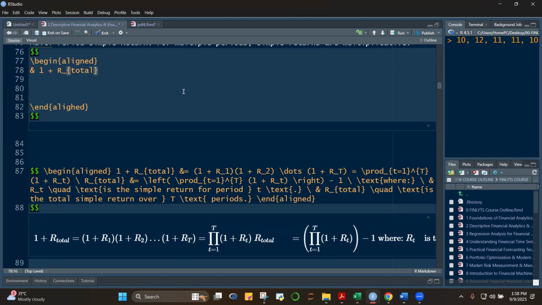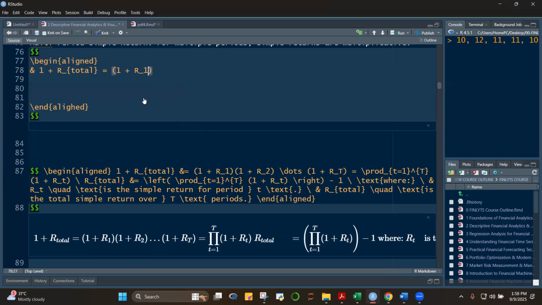All right, then is equal to what? So this one, class: 1 plus r sub 1 times 1 plus r sub 2 times 1 plus r sub 3 until 1 plus r sub t. So how do we do this? That's very easy, just parenthesis, 1 plus r underscore 1.